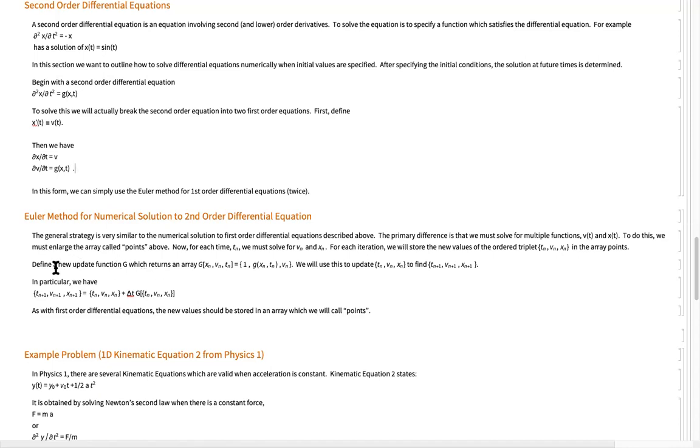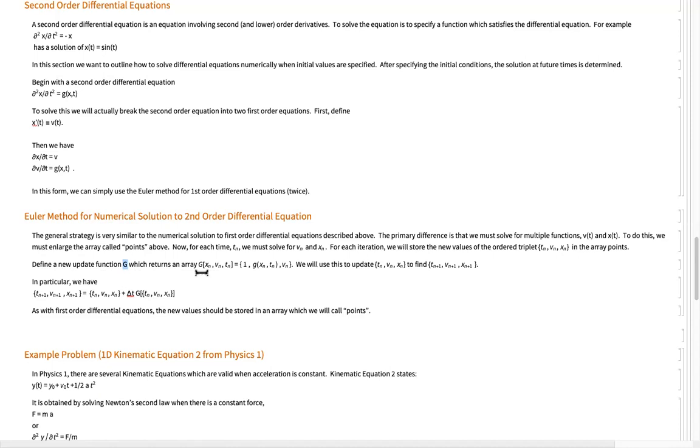So what I did in my code is I defined something called capital G, which is going to handle all of the updates. And capital G, because it handles the updates for all the functions and time, is actually going to be an array, a list.